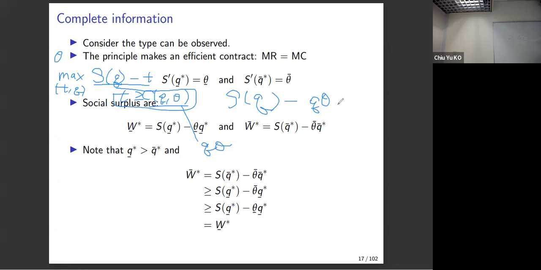And the proof is like this. This is equal to that. That's fine, right? And this is higher than this because this is lower.